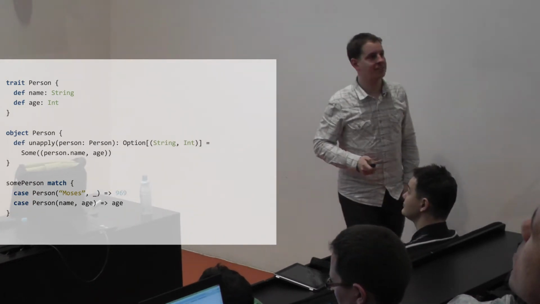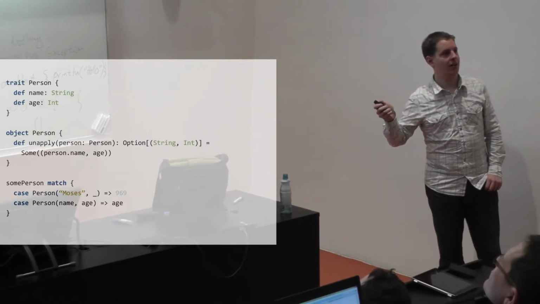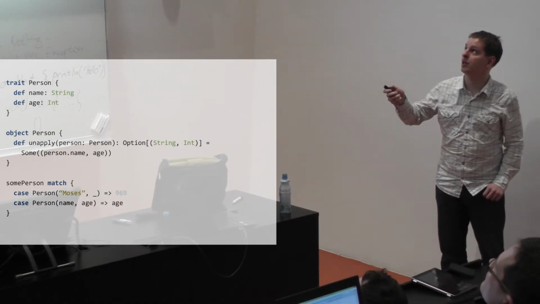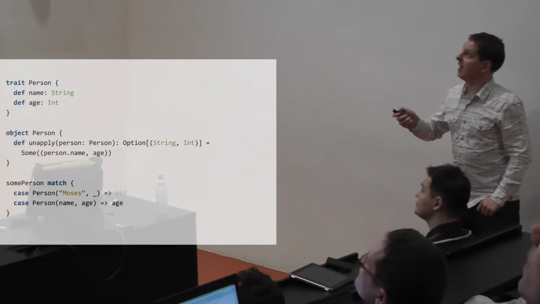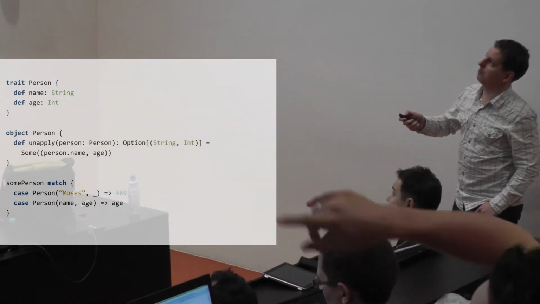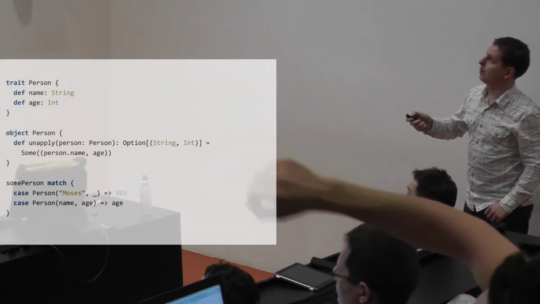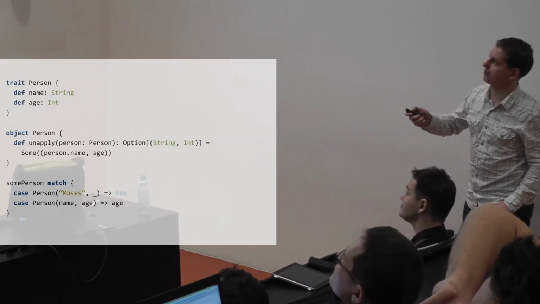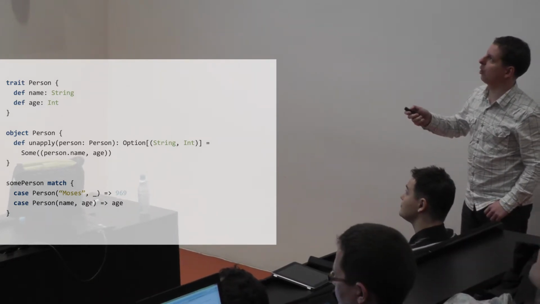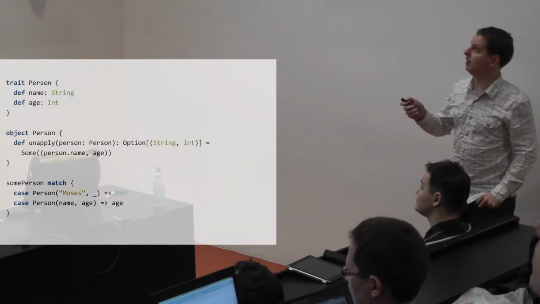And it's done like this. You define an object with some name. I have chosen the same name as the trait, but I didn't have to. I could have chosen another name. And I define an unapply method. It's a magic name, remember it, which takes a parameter of type Person, the trait Person, and returns an Option of a tuple of a String and an Int.